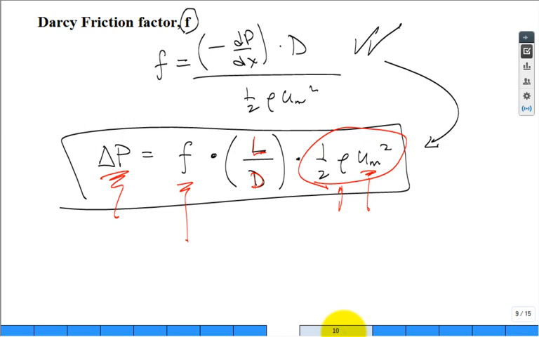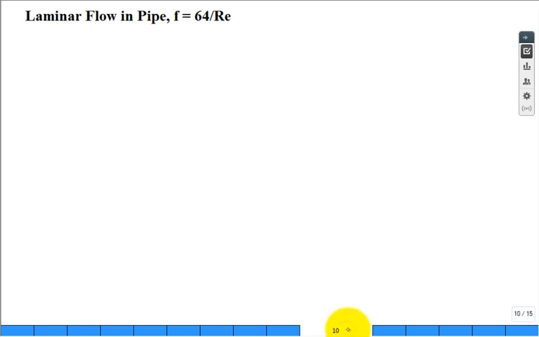All right. And like we were just saying, in some cases, if it's fully turbulent, this is just a constant. It's not a function of the Reynolds number. Okay. Well, how did we get that the friction factor is equal to 64 over the Reynolds number? Okay, go back to ME 3663. It's easy to show.